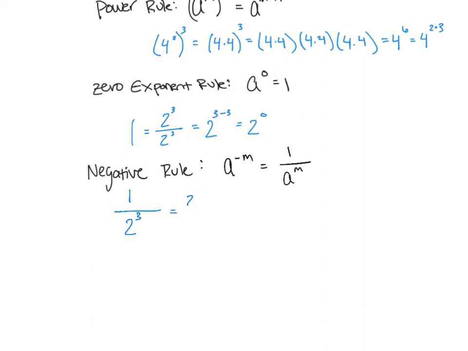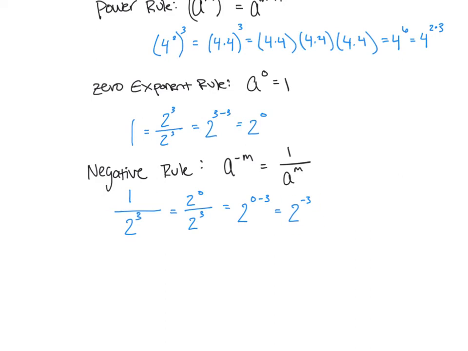So I'm going to rewrite this as 2 to the power of 0 over 2 to the 3rd. And we also know from our quotient rules that we can just subtract our exponents and get just a single base. So this is the same as 2 to the 0 minus 3, or 2 to the negative 3. So we can see here that 1 over 2 to the 3rd is the same as 2 to the negative 3. We're just switching that around.